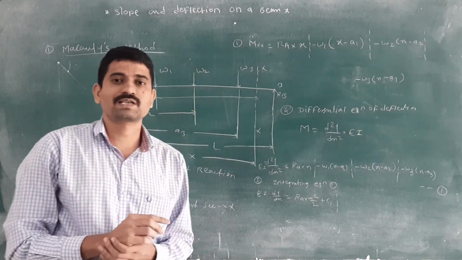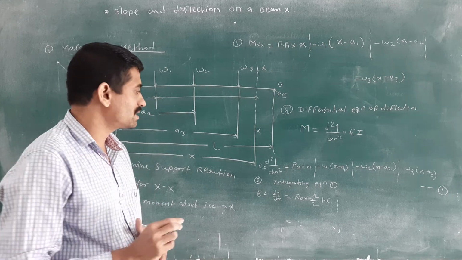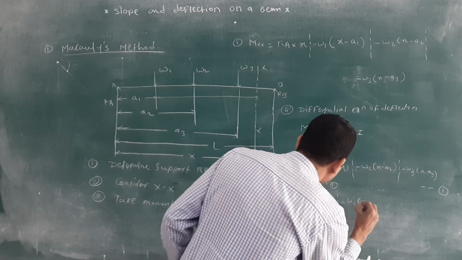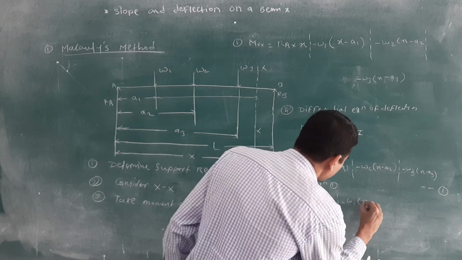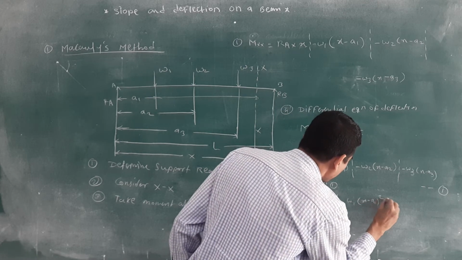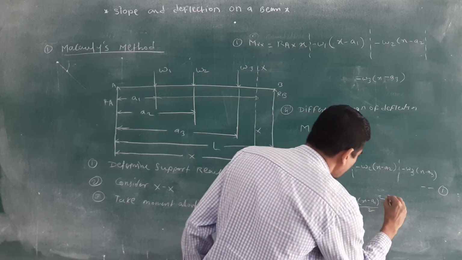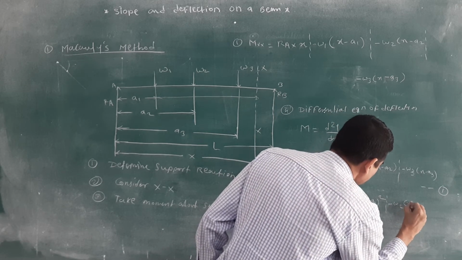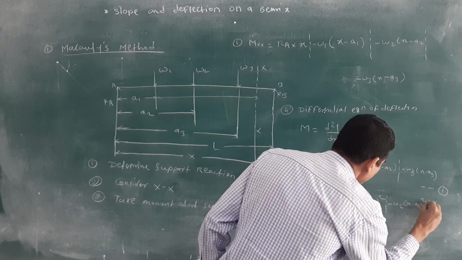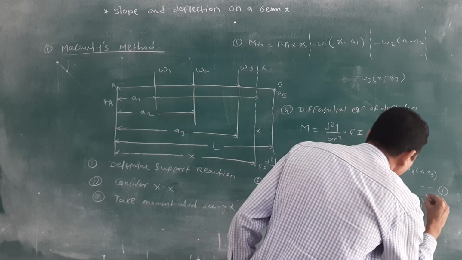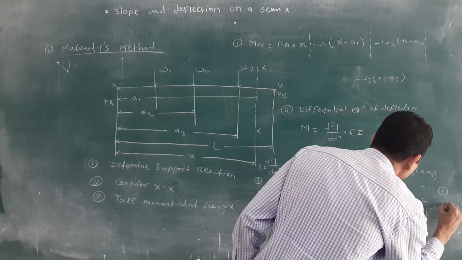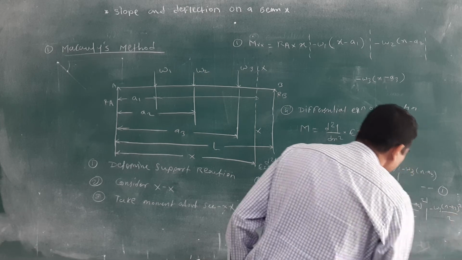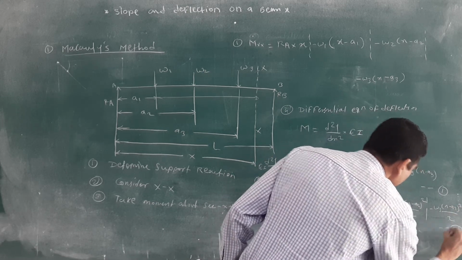Then minus W1 (x minus a1)² divided by 2, then minus W2 (x minus a2)² divided by 2, and third, minus W3 (x minus a3)² divided by 2. This is equation number 2.